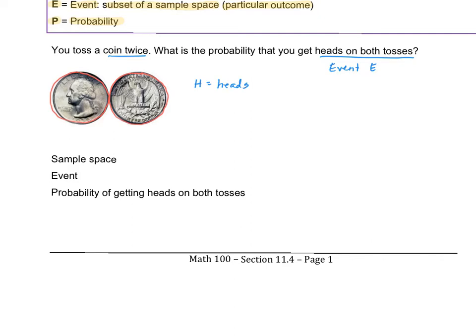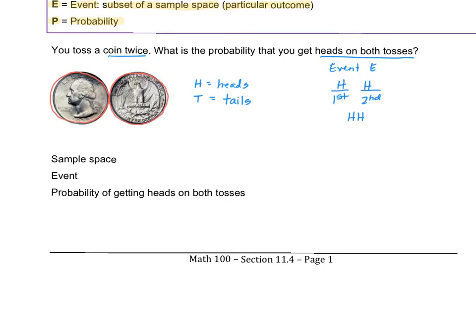So capital H, if I toss the coin and it lands heads up, that's a capital H. I'm going to let capital T be tails. So my event is going to be 2 tosses. The first toss, I'm looking for heads on both, so heads. The second toss would also be heads. So I could just look at this as an abbreviation of getting heads, heads.